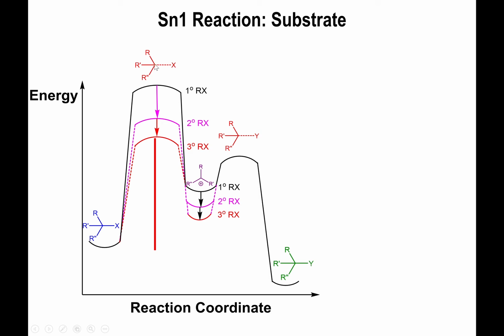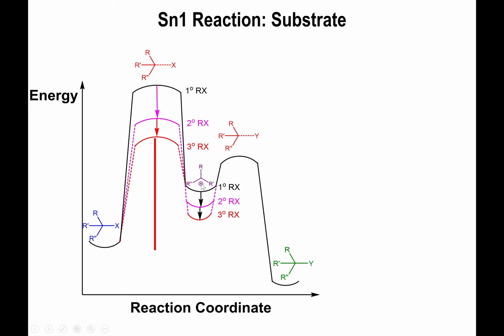And what we saw in the previous videos is that the more substitution you have on the carbons, the better you are at stabilizing the positive charge of the electrophilic carbon. And so the activation energy for this bond to break gets lower. It gets lower for secondary compared to primary alkyl halides, and it's even lower for the tertiary compared to the secondary alkyl halides because you have a better method of stabilizing that positive charge on the electrophilic carbon.